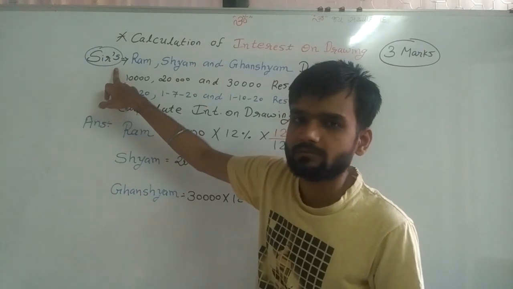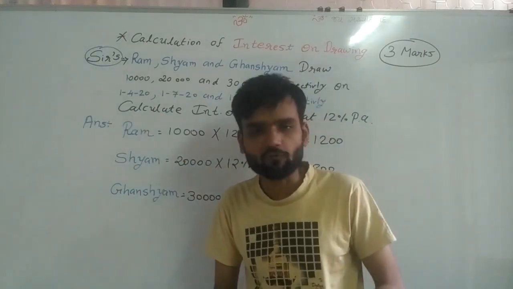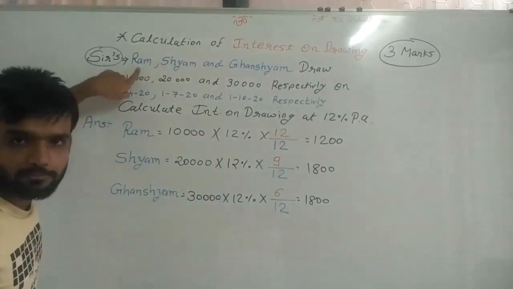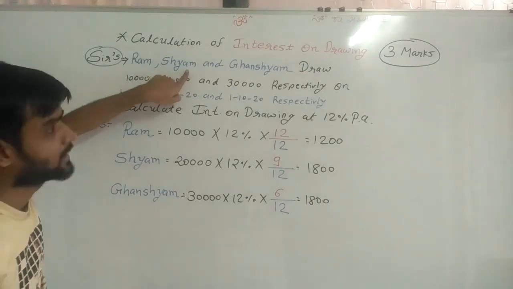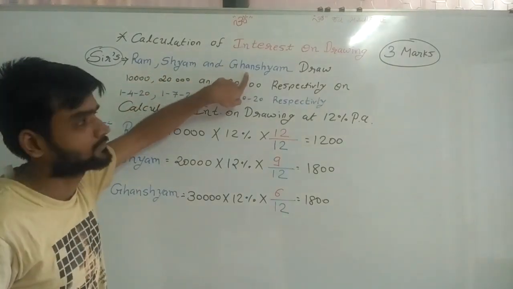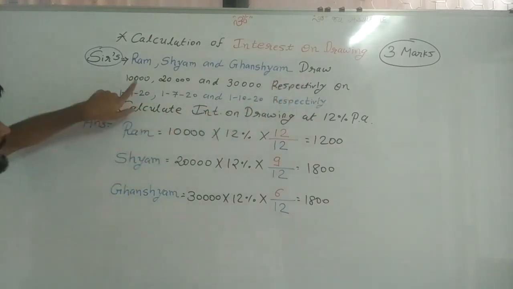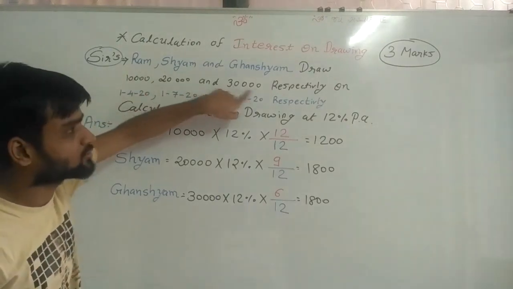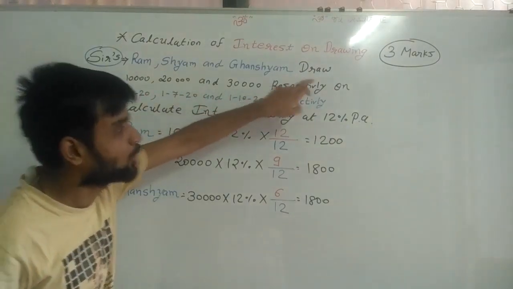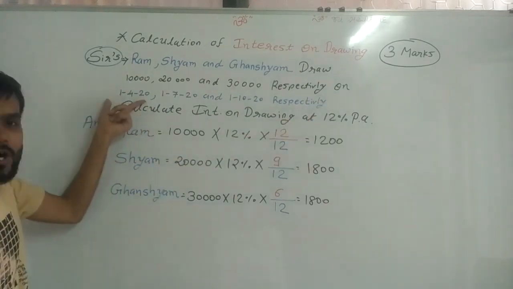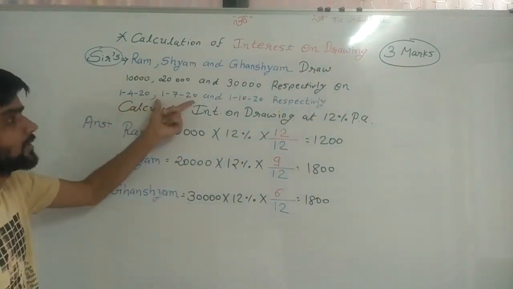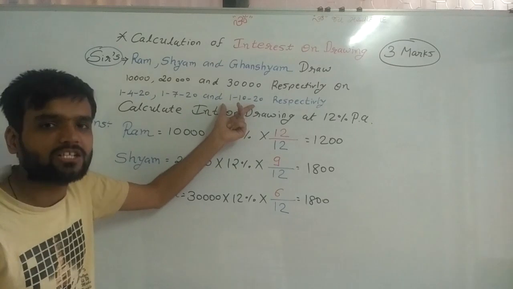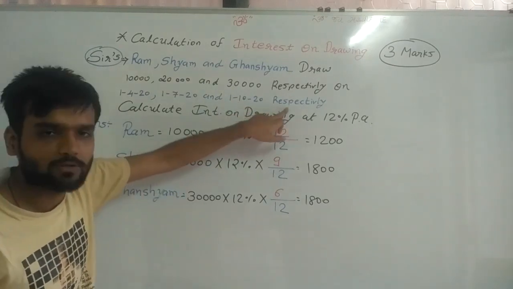Sir's example. Now what is the question? First of all, we are understanding. Ram, Shyam and Ghanshyam draw 10,000, 20,000 and 30,000 respectively on 1/4/20, 1/7/20 and 1/10/20 respectively.